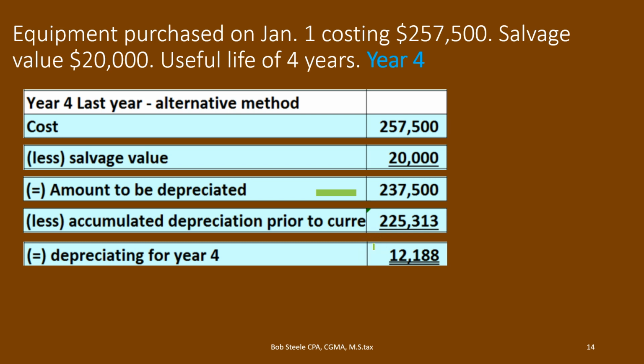Why? Because the $12,188 will bring the accumulated depreciation total over the 4 years to $237.5. That's what we need in order for the book value, the cost of $257.5 less the accumulated depreciation of $237.5, to leave us with a book value of 20,000.